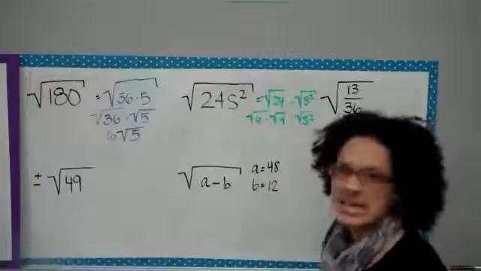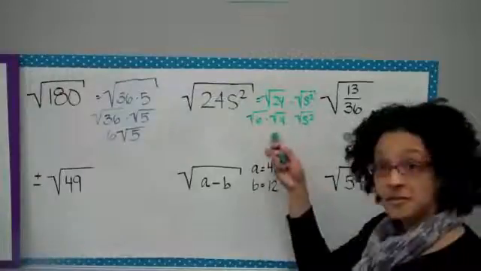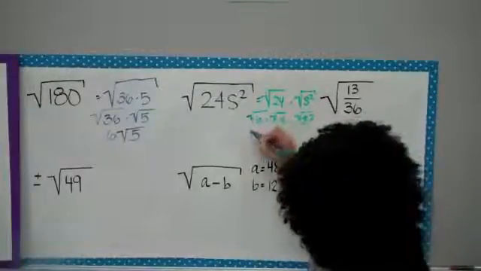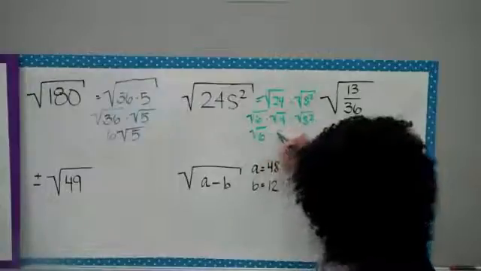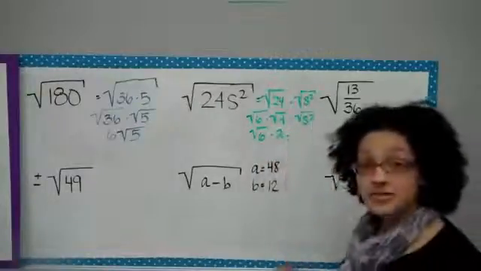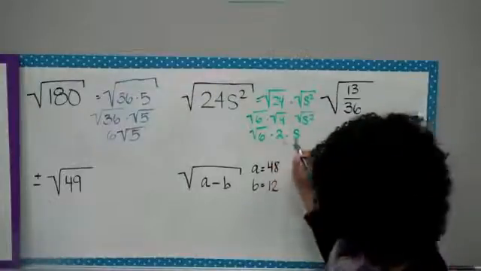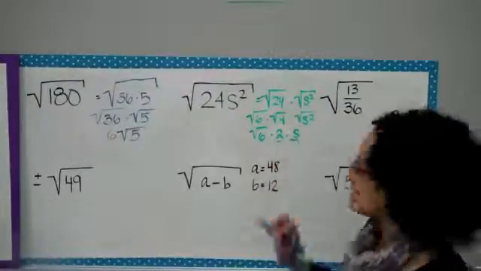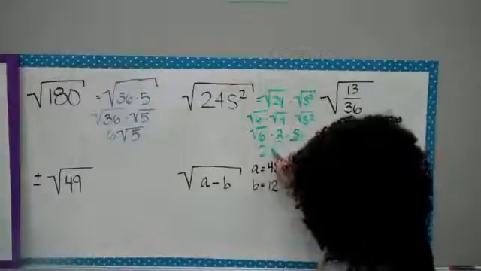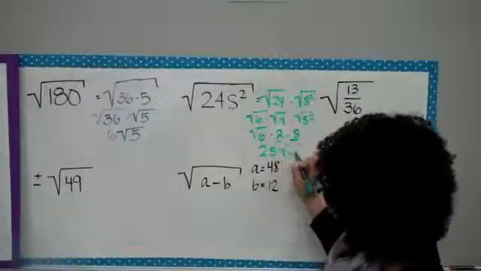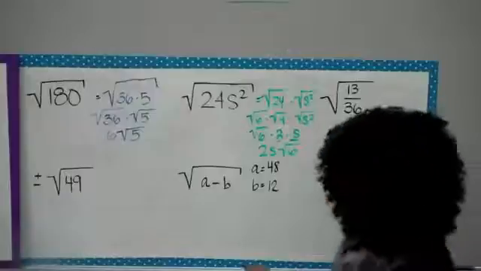Square root of 6, I can't really do anything with it, but the square root of 4 is 2. So now I'm here, and the square root of s squared is s. So if I were going to write this simplified, 2s times the square root of 6.